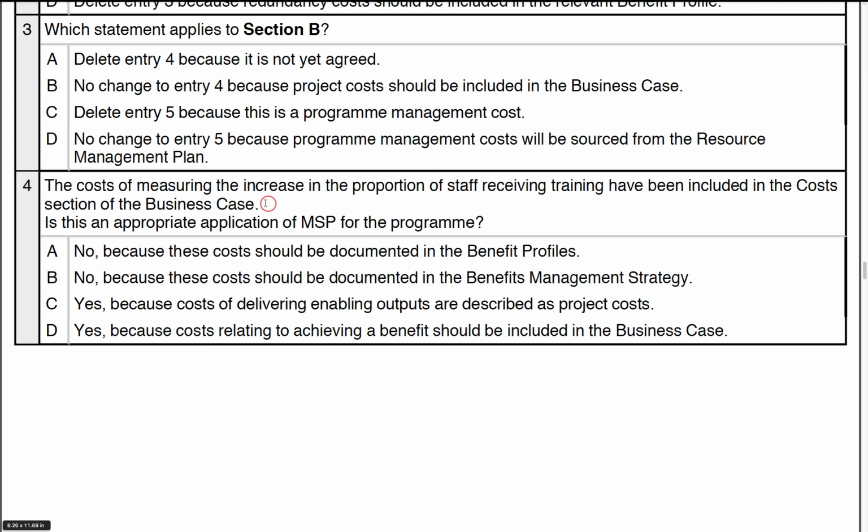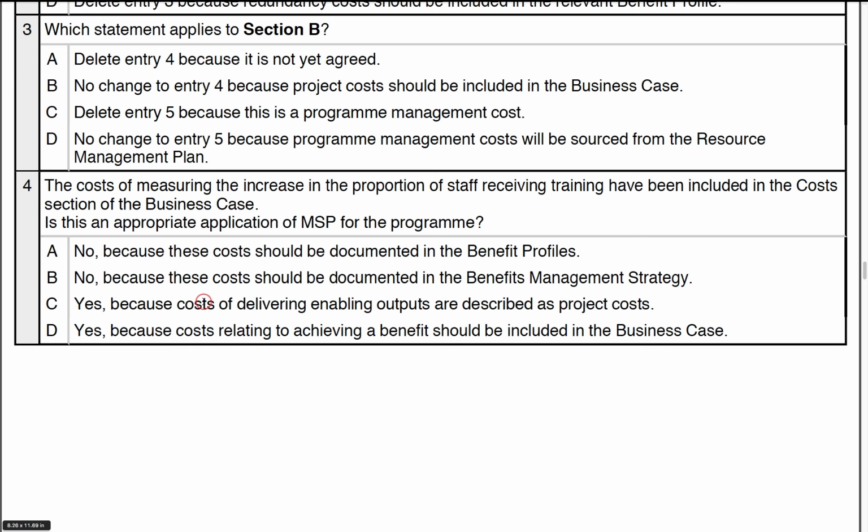The cost of measuring the increase in the proportion of staff retraining. So remember, the whole point was to get more staff trained and wanting to be trained, and the cost of measuring that increase, in other words, going out to surveys and looking at how staff are now before we make the change and afterwards, needs to be included in the business case as well. This is part of the overall program change costs. So that should be there too. So the answer here is D.